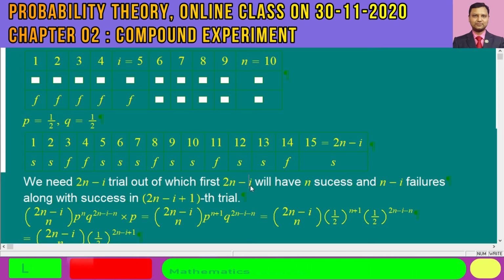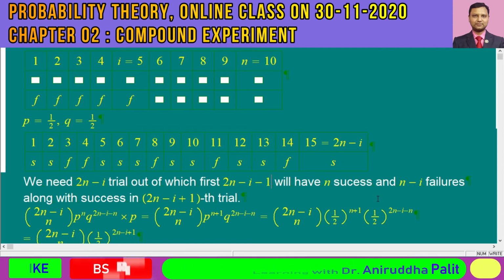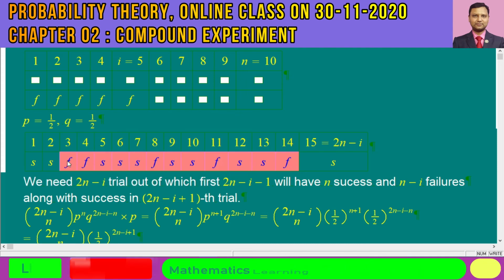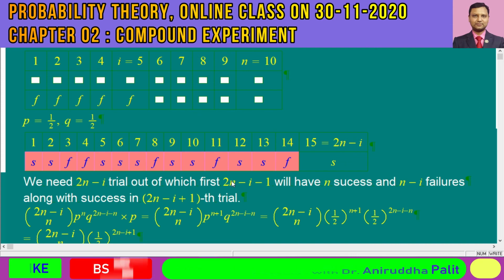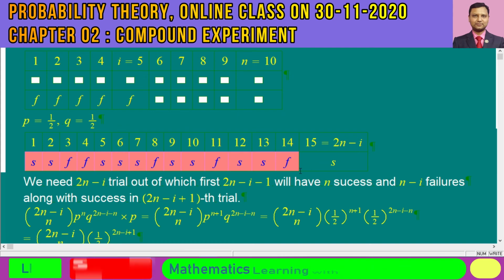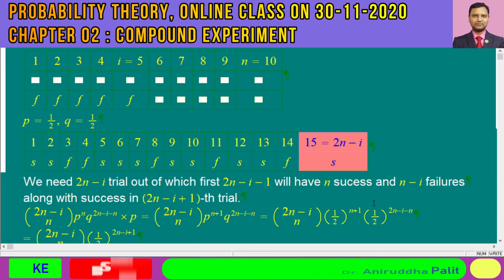Out of which the first twice n minus i minus 1 trials will have how many successes? If you count, you will find that we have 9 successes. 9 means n minus 1 successes, and 1 success must be there in the last trial.